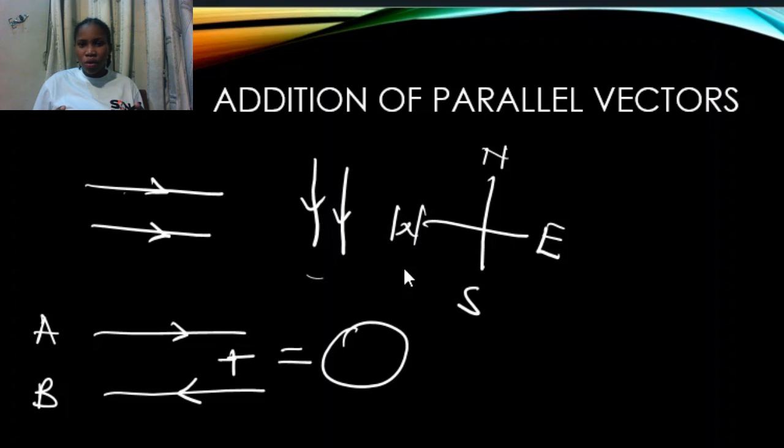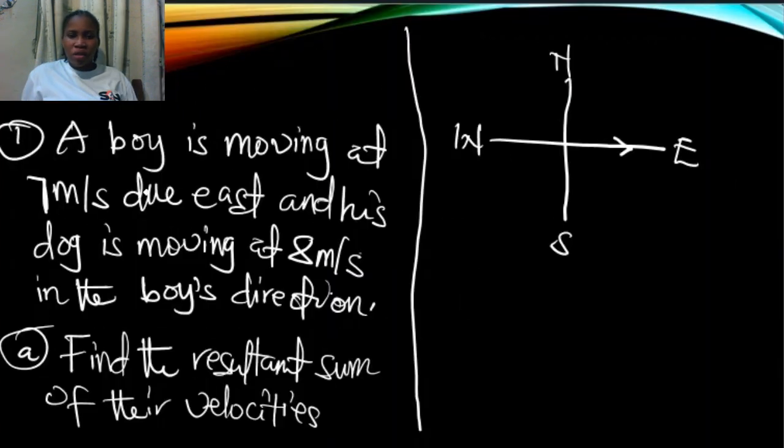So let's take a question. A boy is moving at 7 meters per second due east, and his dog is moving at 8 meters per second in the boy's direction. Find the resultant sum of their velocities. So in doing this, we can represent it on the Cartesian plane, the cardinal point of view.